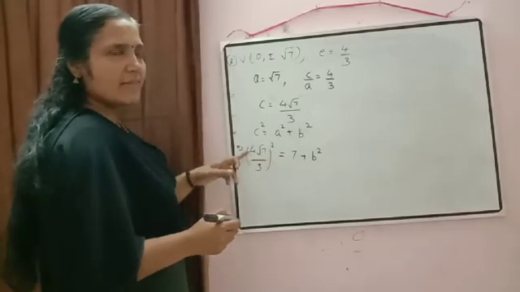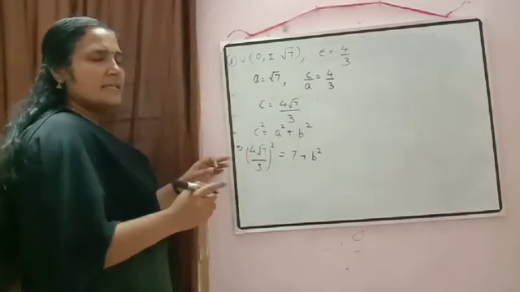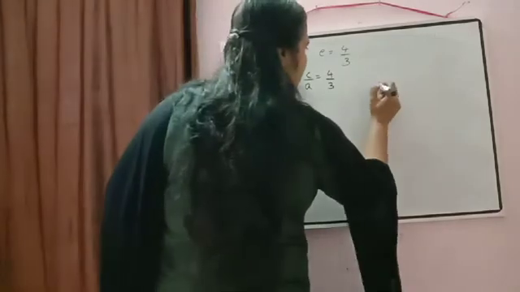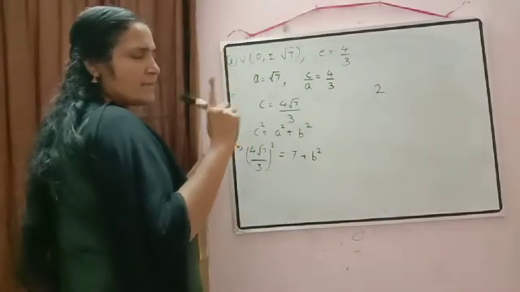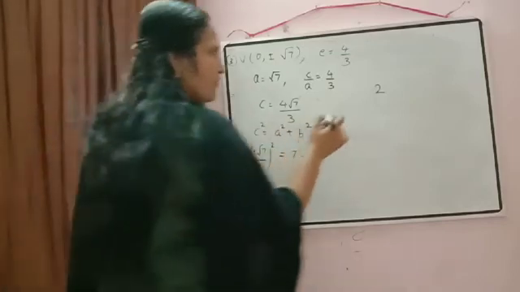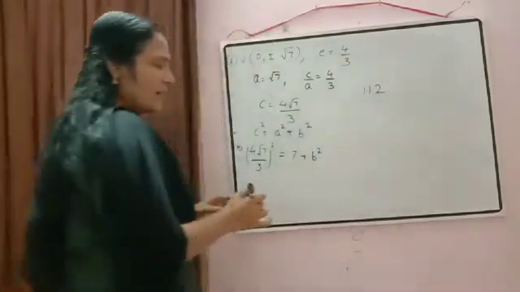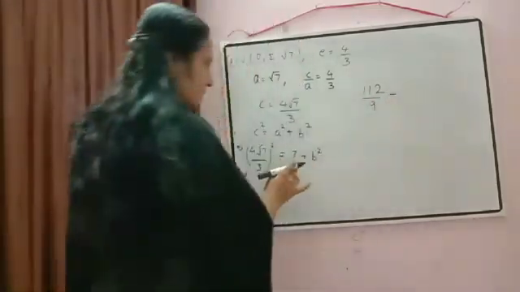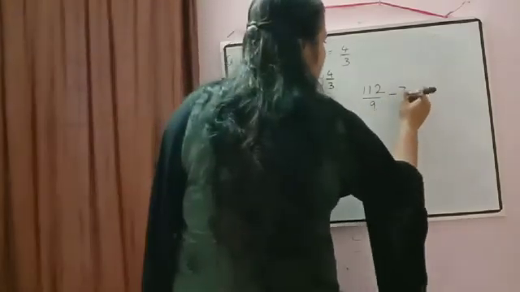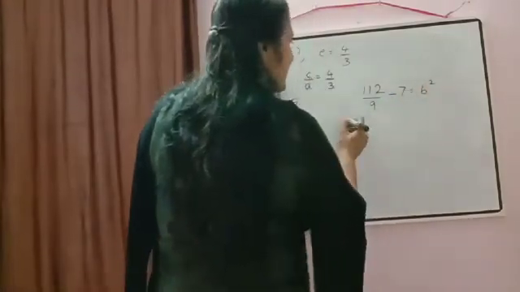And 16 sevens is how much? 16 sevens are 7 6 are 42. Carry over 4 there. Then 7 ones are 7 plus 4 will be equal to 11. 112. Okay. 16 sevens are 112 by 9 minus this 7 I am shifting here. So minus 7 is equal to b square.